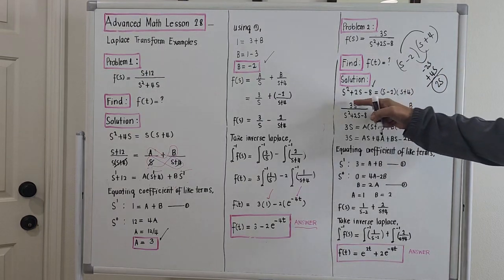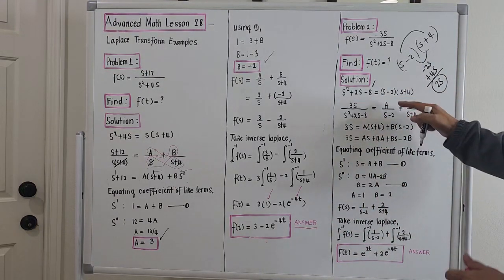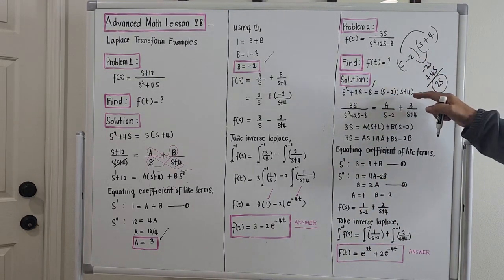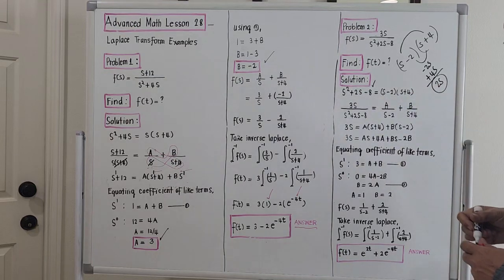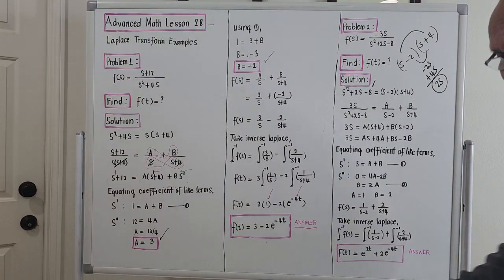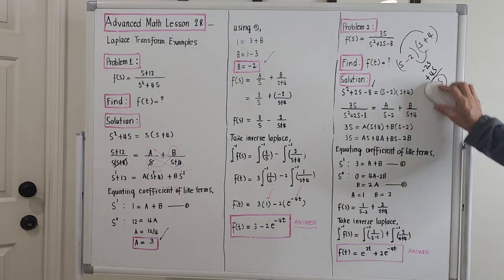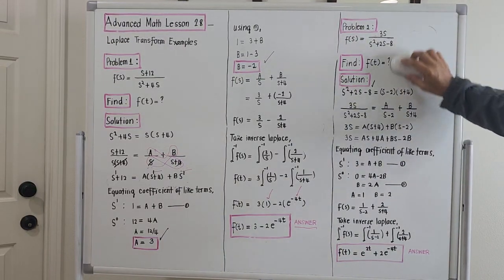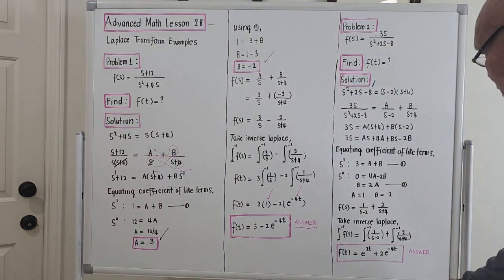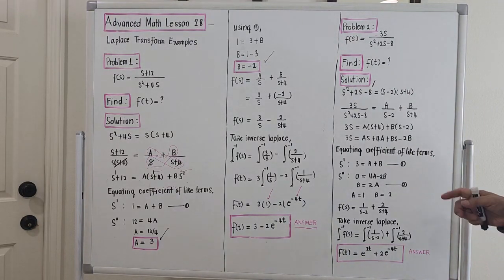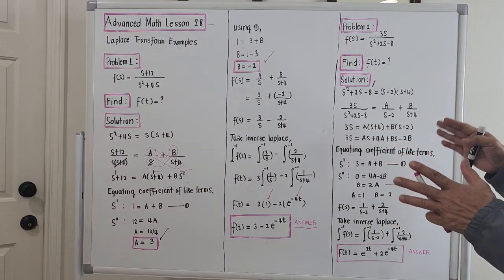So the factors of this by inspection are (s minus 2) times (s plus 4). That's pure algebra. That's why I told you the manipulation should be algebraic. So rewriting the given f(s), we are still not taking the Laplace transform.